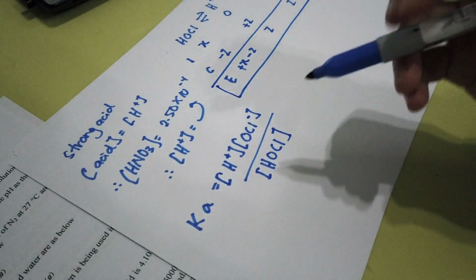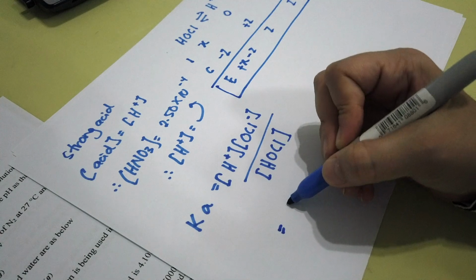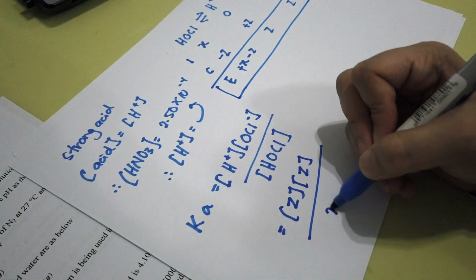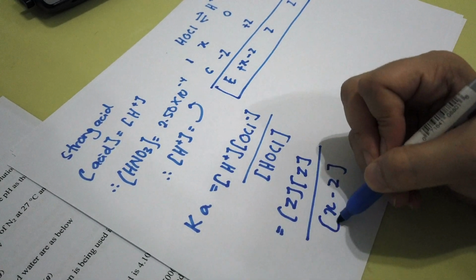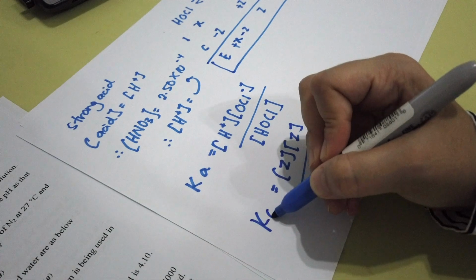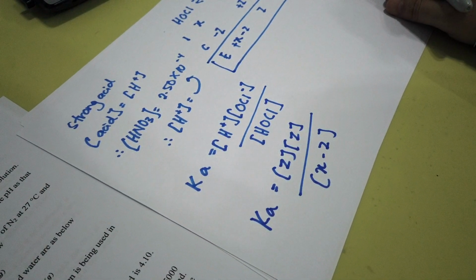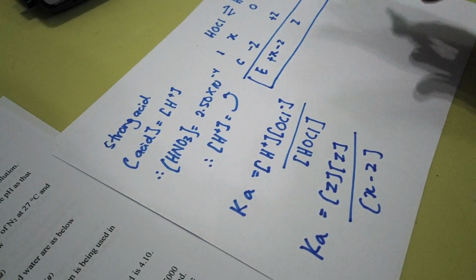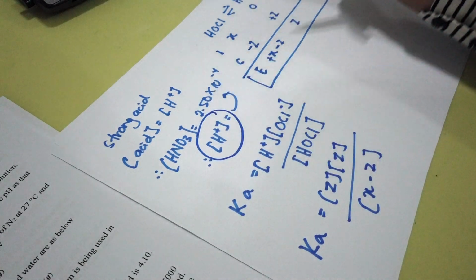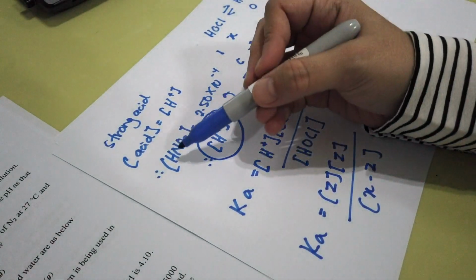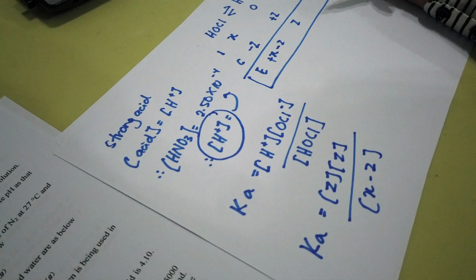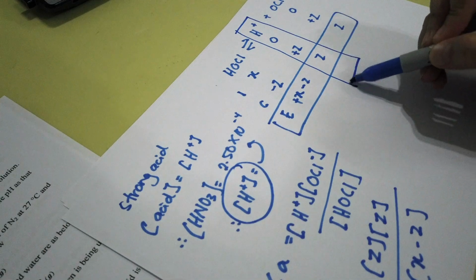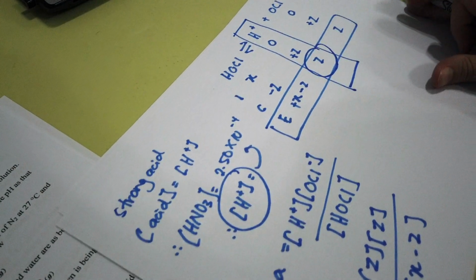Therefore, you will get Z times Z divided by X minus Z, which is your Ka. Alright, so what is Z? At first, we have already calculated the H⁺, which is equivalent to the concentration of HNO3. So here is your H⁺, and this is the value of Z.